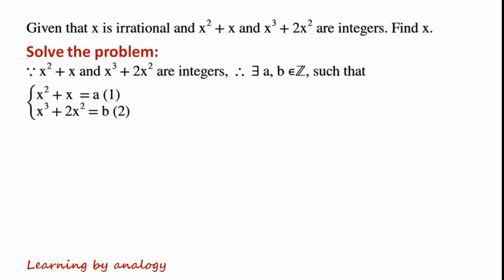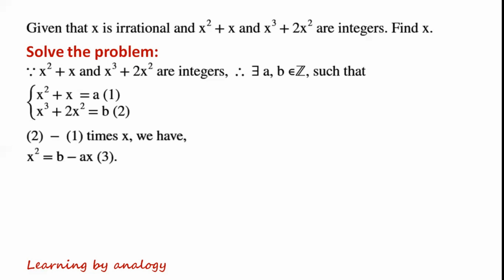Because x squared plus x and x cubed plus 2x squared are integers, there exist integers a, b, such that x squared plus x equals a (equation 1), and x cubed plus 2x squared equals b (equation 2).